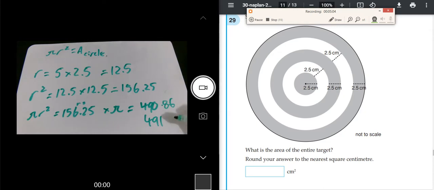And that will be square centimeters. So it can either go SQ, cm, or centimeters squared. Either or. They mean the same thing.